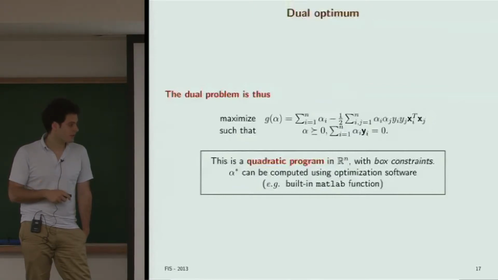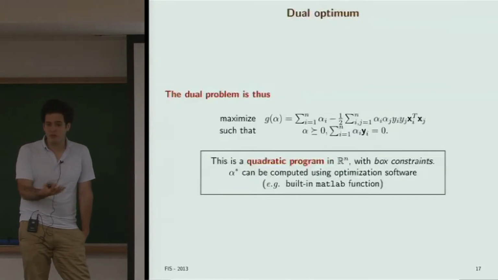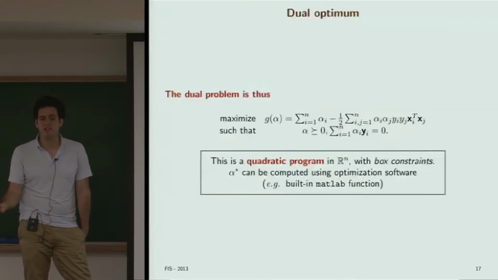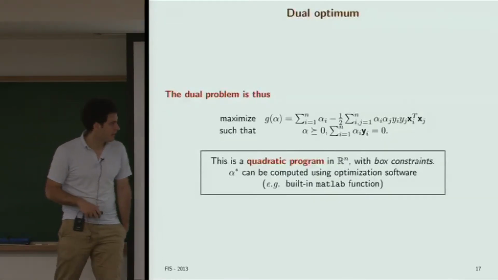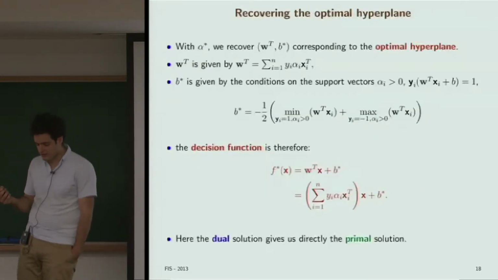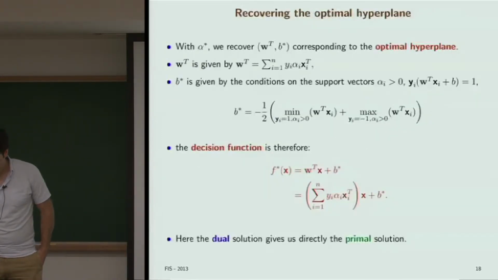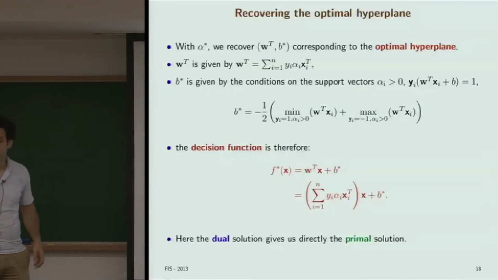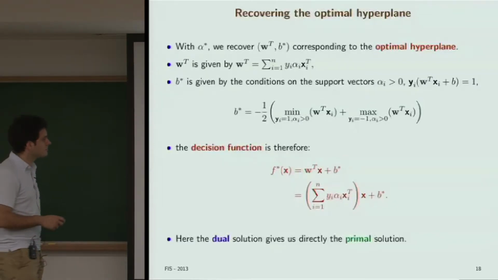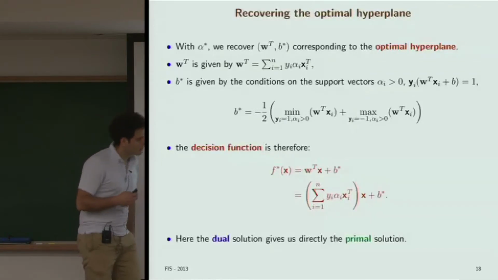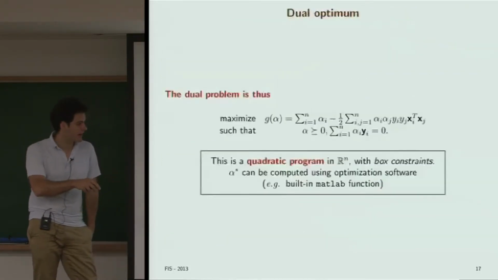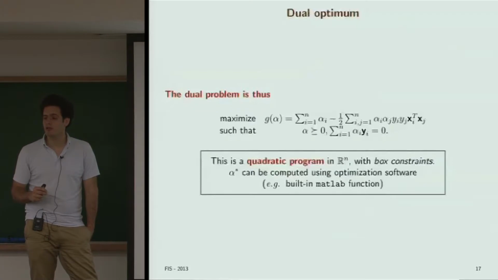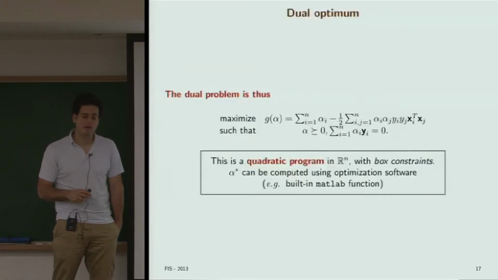The motivation of this is that sometimes for a primal problem, the dual is easier to compute, and this is a typical example. The other interesting thing is that this dual problem will give us another interpretation. You might ask, okay, I maximize the dual function, I get an alpha star, which is optimal.